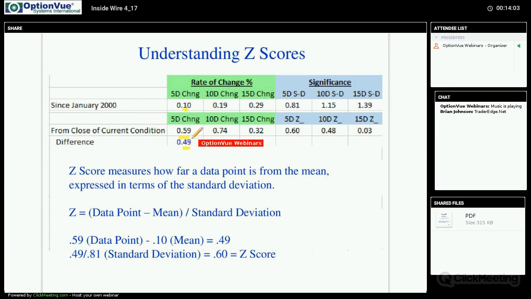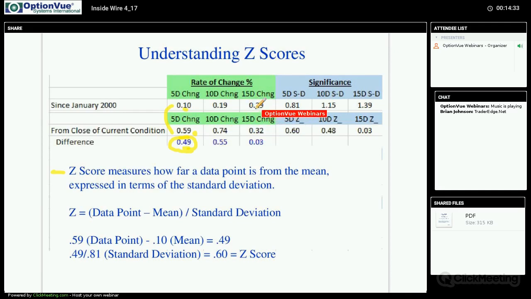So what we're going to do is determine the significance of 0.59 and how far it is from the baseline of 0.1. We're going to look at a z-score, and a z-score measures how far a data point is from the mean, expressed in terms of the standard deviation. Because 0.49, 0.5%, that sounds pretty good, but really, how significant is it?